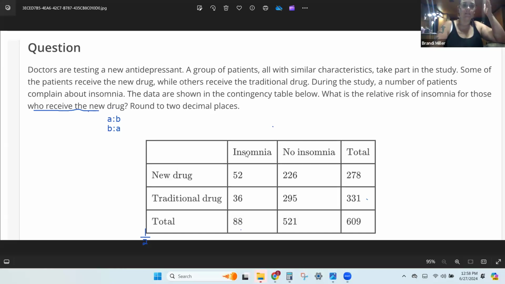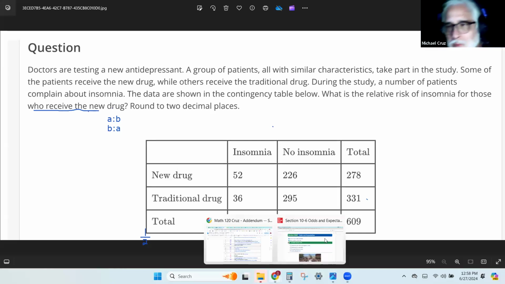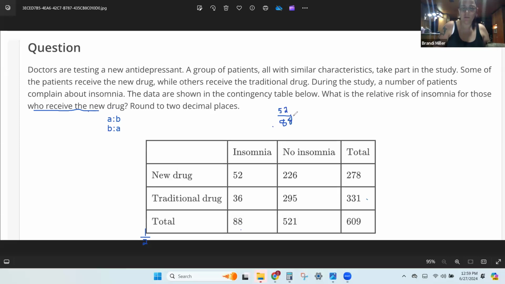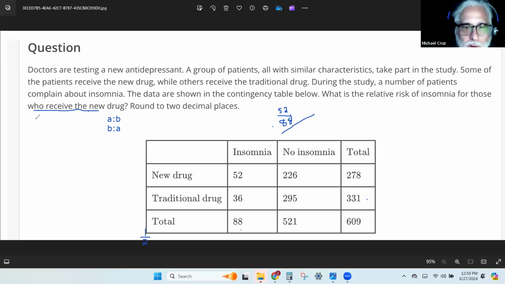But did we get to the answer or did we just find out how to? Let me recreate it. I thought it was new drug, so we got 52 over 88 divided by 36 over 331. In other words, this is a complex fraction, so that's why I wrote it with that old division sign.